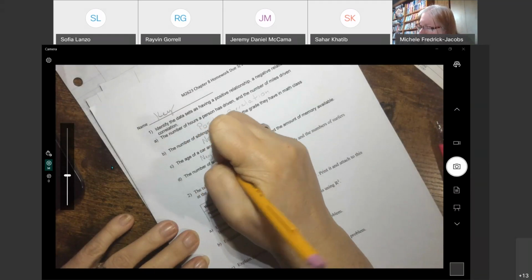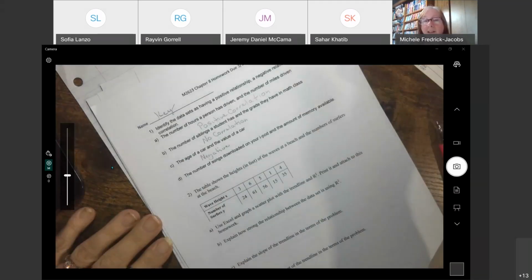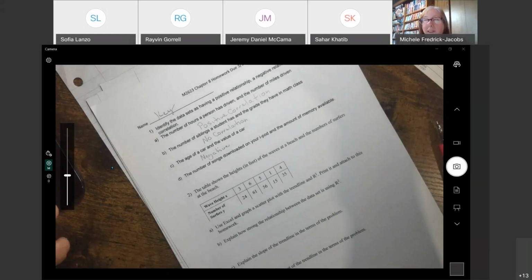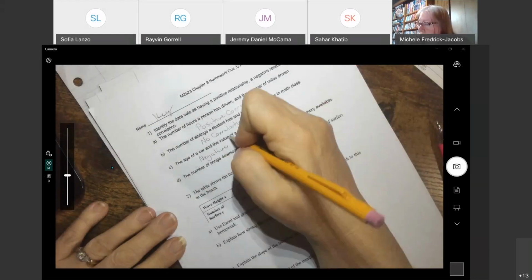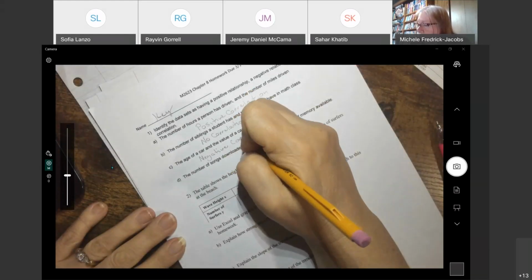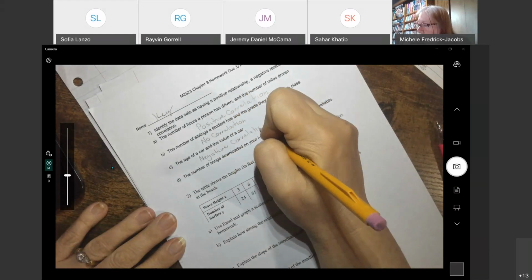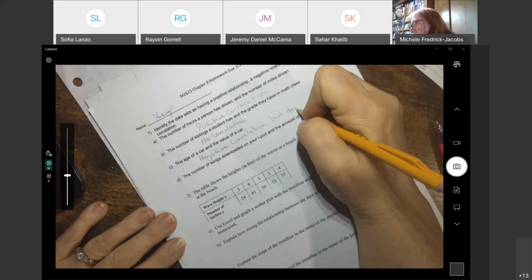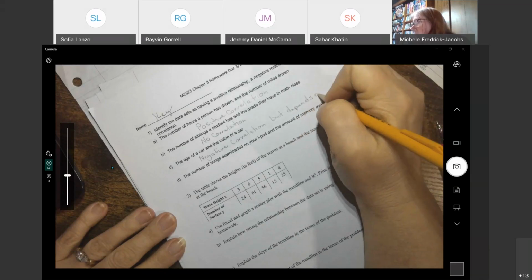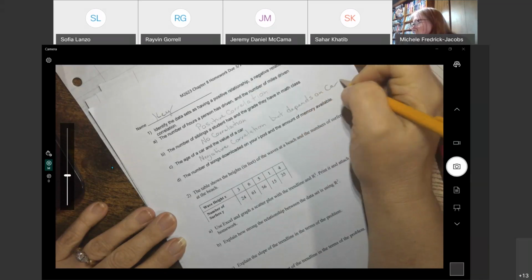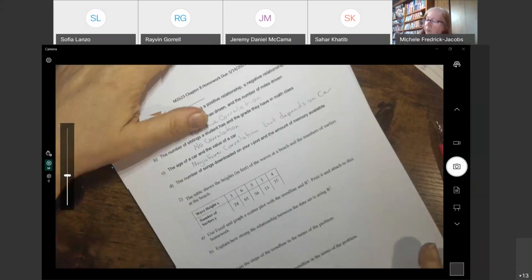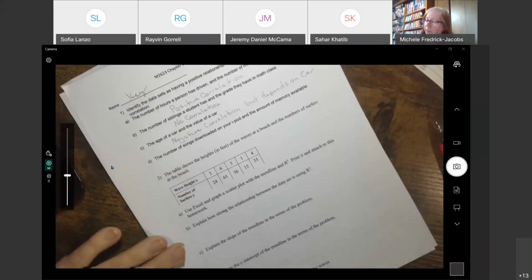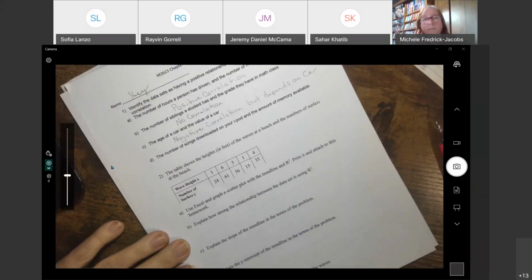As soon as you pull it off the lot, it depreciates by something like 12%. So in most cases, it's a negative correlation. But it depends on the car, because there would be some that go up. Any questions on that?